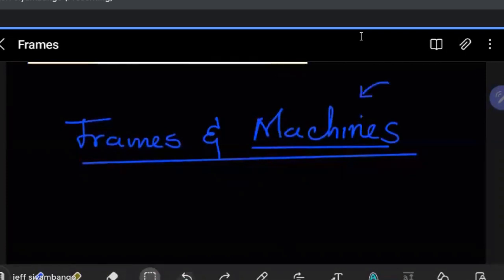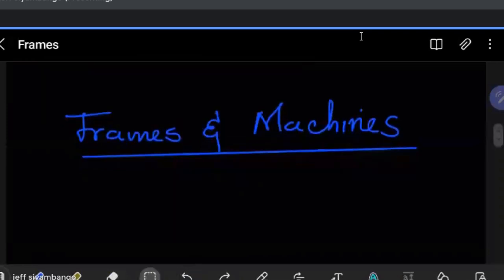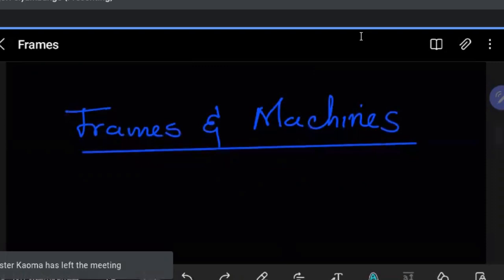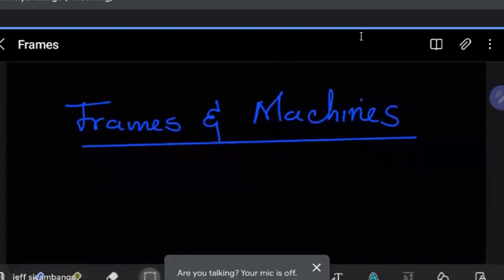So yeah, we want to look at frames and machines. So I actually almost went and pronounced it the exact way because that's what is in my head right now. But I want to look at frames and machines. And the focus of our class tonight will basically just be how we draw free body diagrams when it comes to these frames.